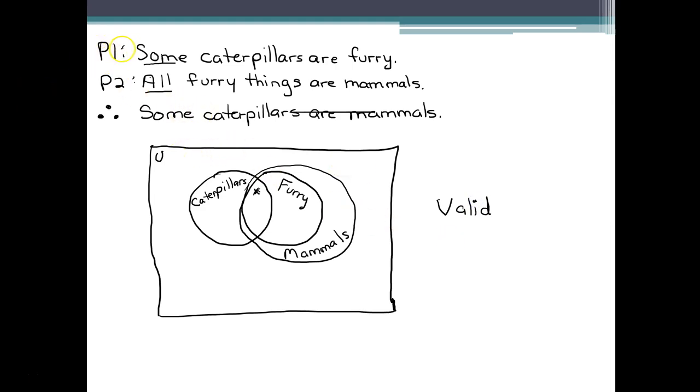Unfortunately, the premises aren't necessarily the best, but think of it as an exercise in making sure you know how to set these up. Alright, last one, and then I'll turn you loose to do your own. Premise 1. No squirrels are reptiles.